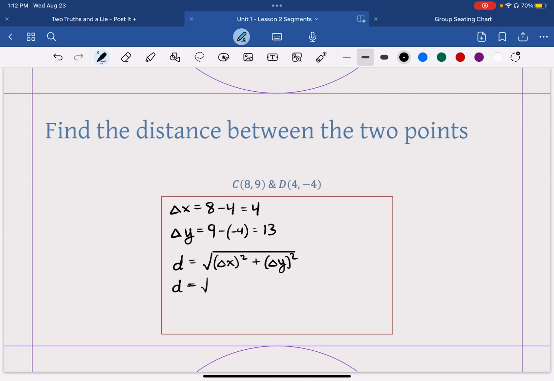And so we end up with 4 squared plus 13 squared and then square root. 16 plus 169 gives us 185. And so our distance is going to be about 13.6 units.